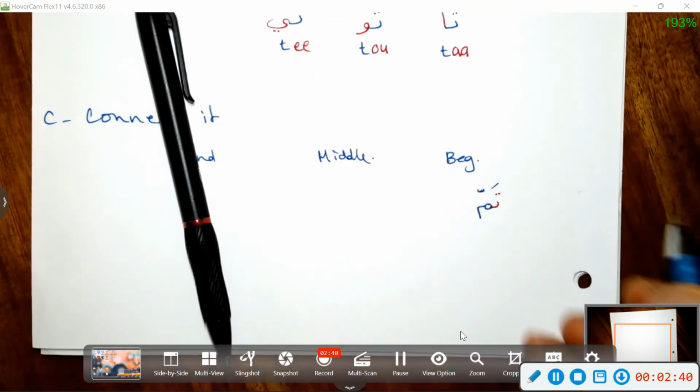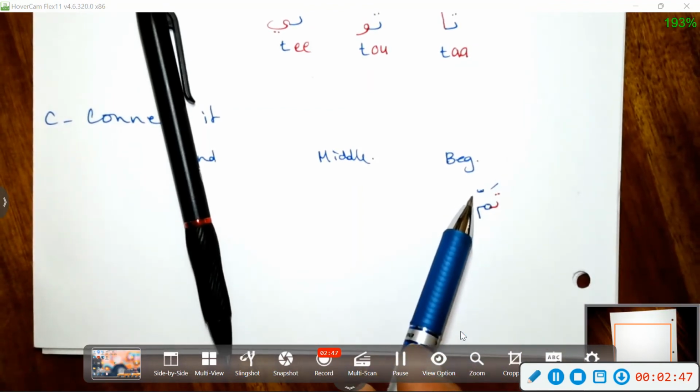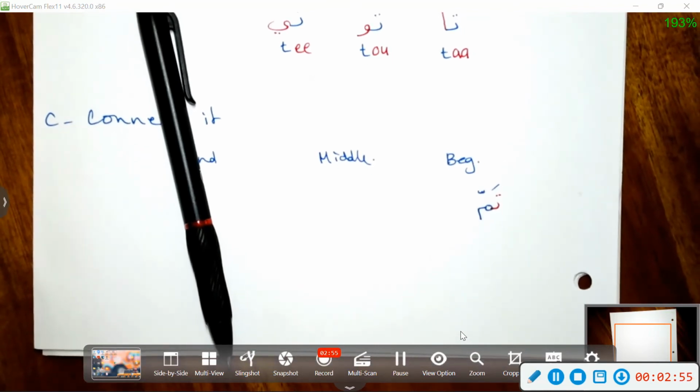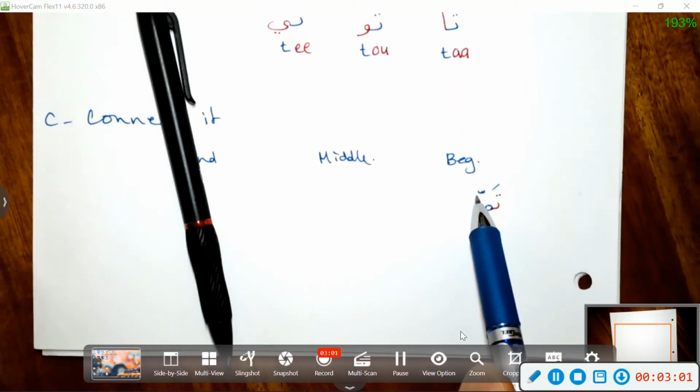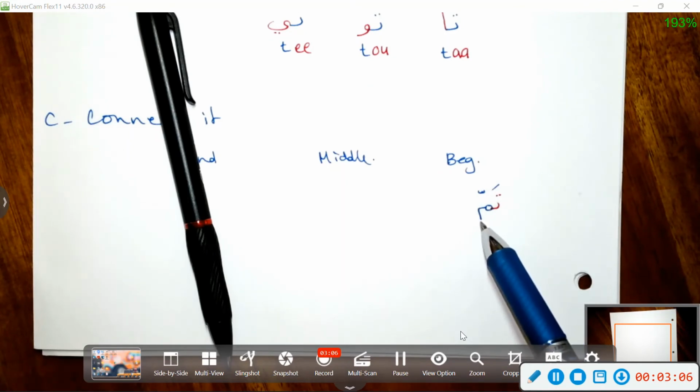Tamma. We're going to learn a new haraka, which we call the shadda. We're going to focus on it later on. For now, all we need to know is that this haraka, the shadda, makes the sound of the letter double.